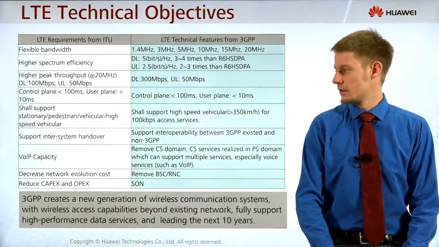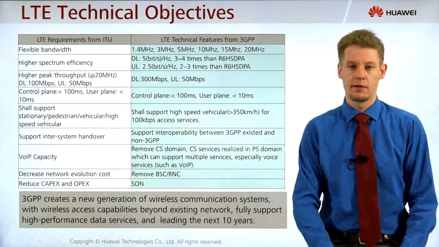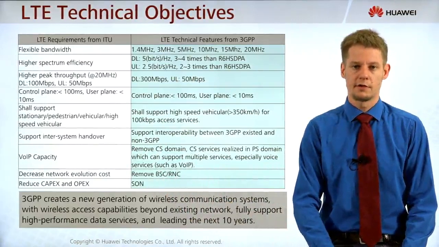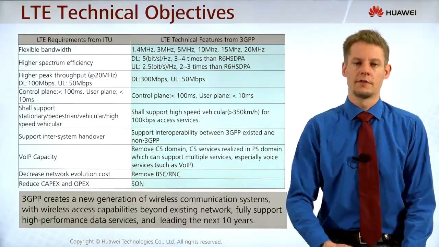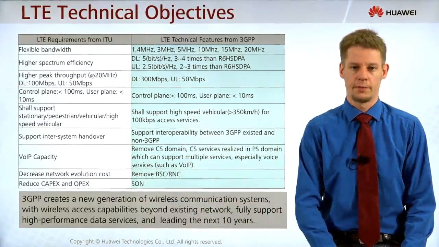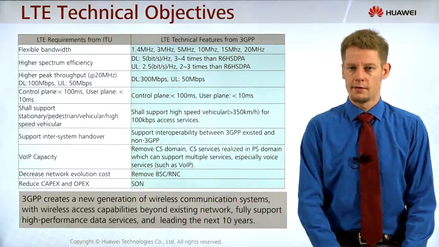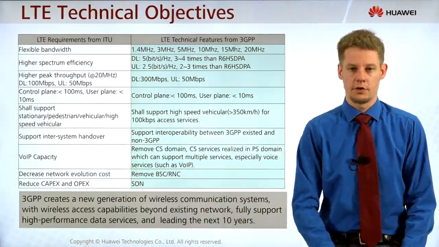Another thing that was completely skipped in LTE is the CS domain. This means LTE is only packet switched, and we have no circuit switched services available anymore. This means we also have voice over IP to support. And the hierarchy should be more flat. This means fewer controllers.